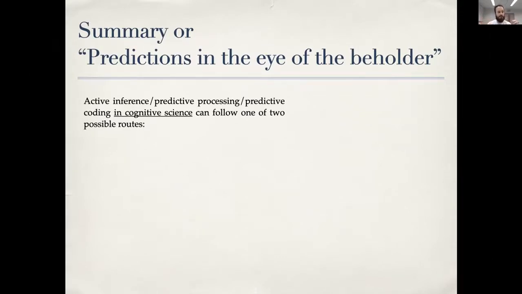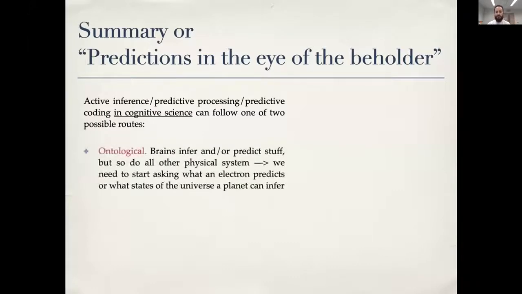So if I take this active inference framework, you can see some other names here that it goes by, and I try to use this framework to do some cognitive science to study brains. What exactly am I saying? There are two routes that I see.